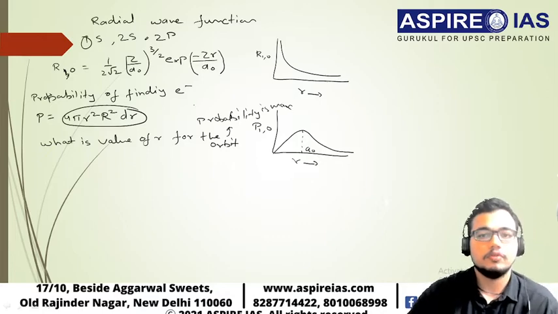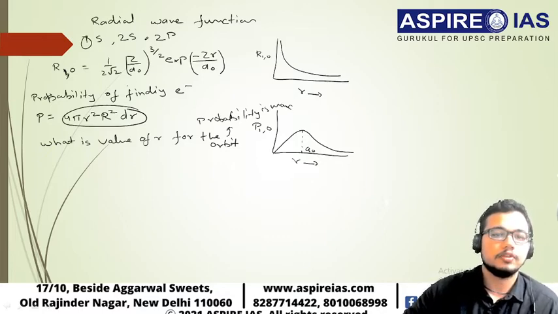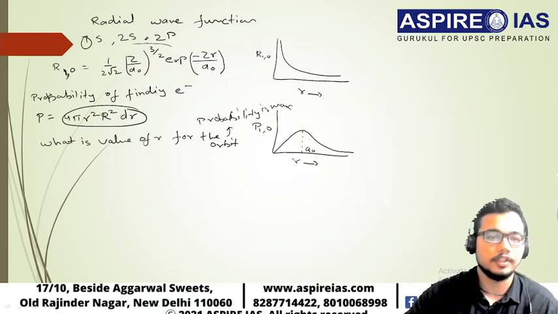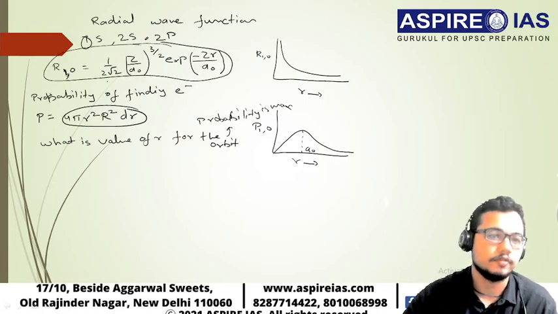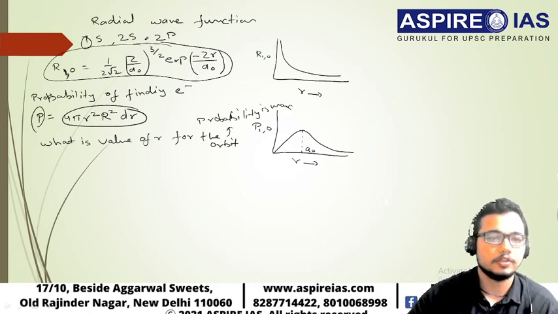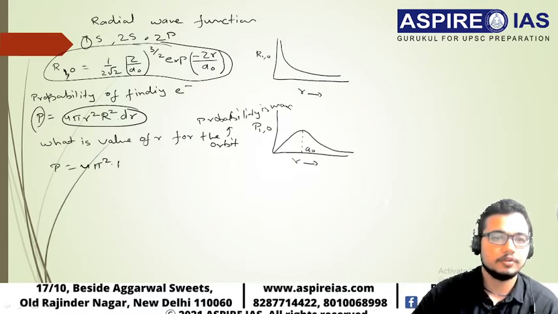Suppose they ask you what is the radius of the orbit. They will be giving you the wave function, for example this wave function. First you will calculate the probability, that is 4 pi r square into R square.